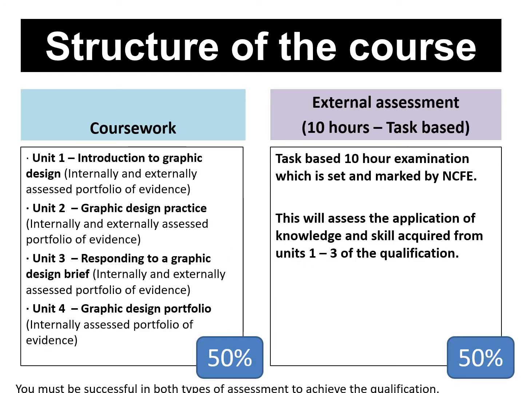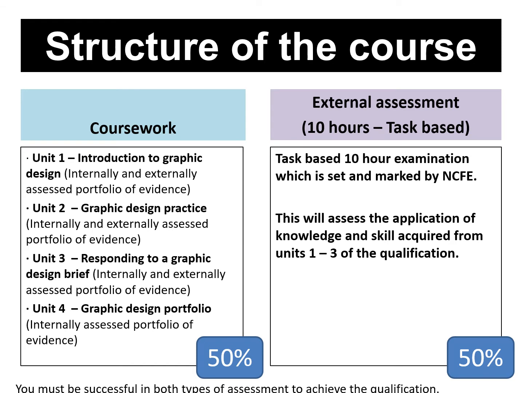So what is the structure of the graphic design course? Well, the course that we do is run by the examining board NCFE, and it is a Level 2 technical award in graphic design. There is a coursework element which runs over year 10 and year 11, and that is 50% of the marks.